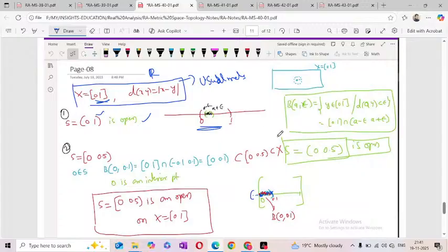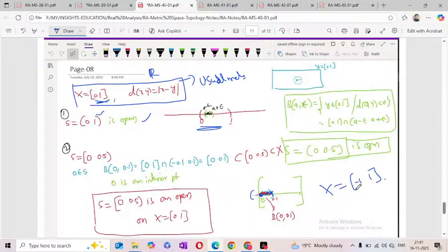Suppose I am taking X is equal to minus 1 comma 2. So in this case, is 0 an interior point?